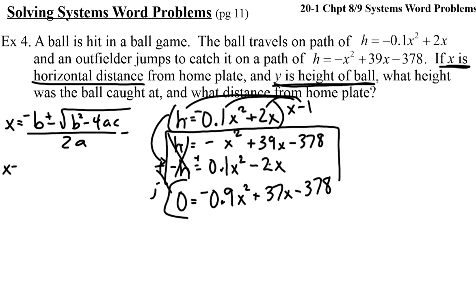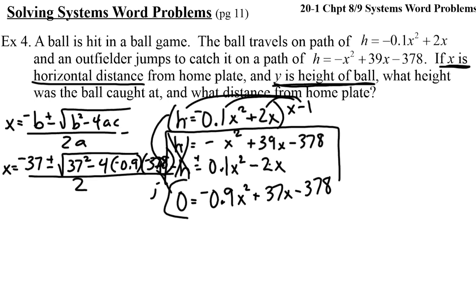So x equals negative 37 plus or minus the square root of 37 squared minus 4 times a, which is negative 0.9, times c, which is negative 378, all of that over 2 times negative 0.9.